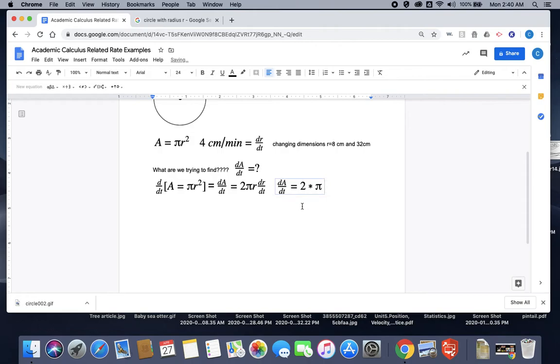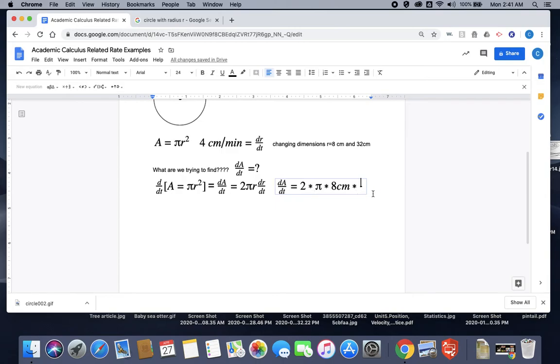A lot of people like to swap pi out for 3.14. That's not necessary. We can leave pi in our answer. It's the more exact way to do it. Our radius that we're plugging in is 8 centimeters. So we're going to do times 8 centimeters, times, and we're going to plug in our dr dt value. I'm going to do it as a fraction, and I'm doing this for a very specific reason.